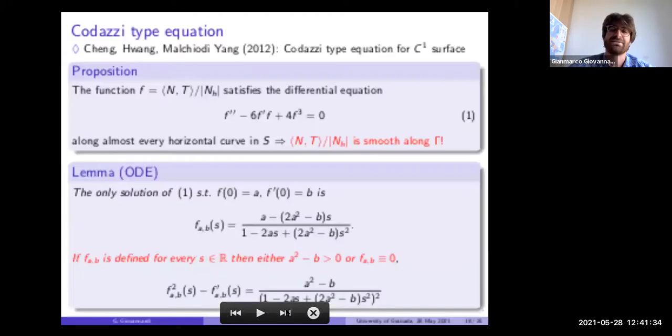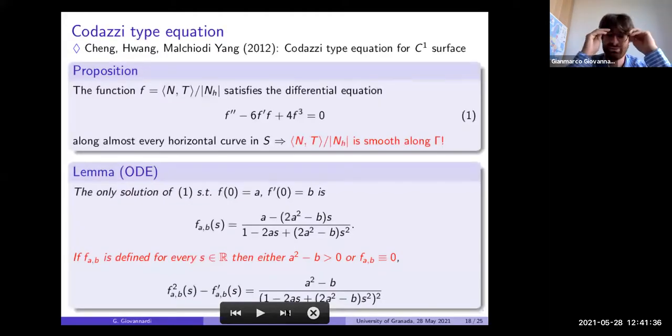Let's see this result. To obtain this result, we use a Codazzi-type equation, and this theory was developed by Cheng, Hwang, and Malchiodi. The idea was to recognize that the function f, that is the derivative of n against the vector field T over the norm of nh, satisfies a differential equation along the horizontal curves that are the characteristic curves.